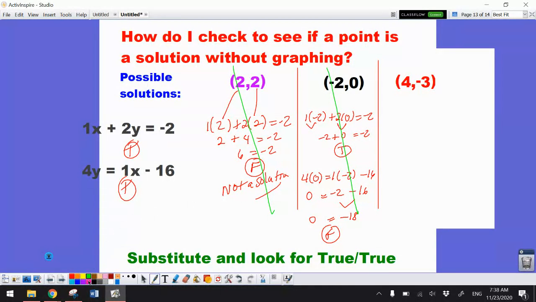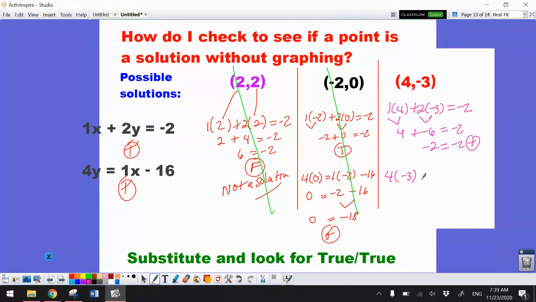So let's see if the third one happens to be a solution or if they're just trying to trick us. So 1 times 4 plus 2 times -3. Again, we're substituting in. So that is 4. And this is a -6. So -2 equals -2. The first one is true.